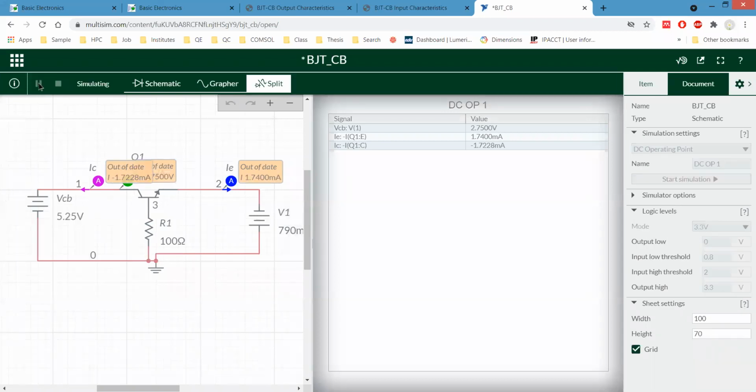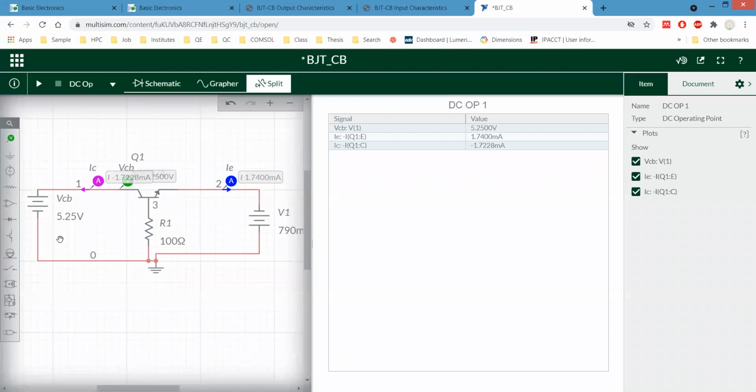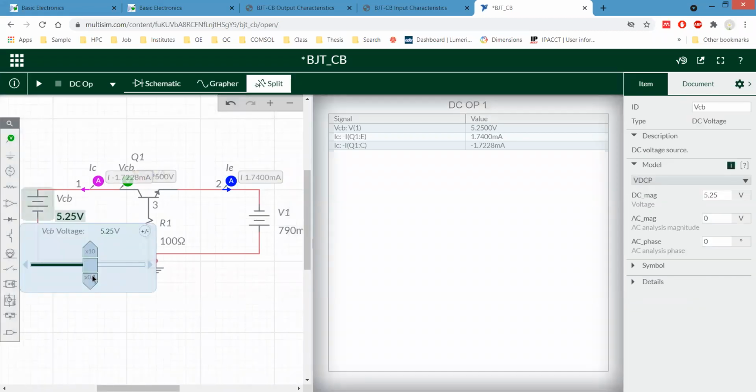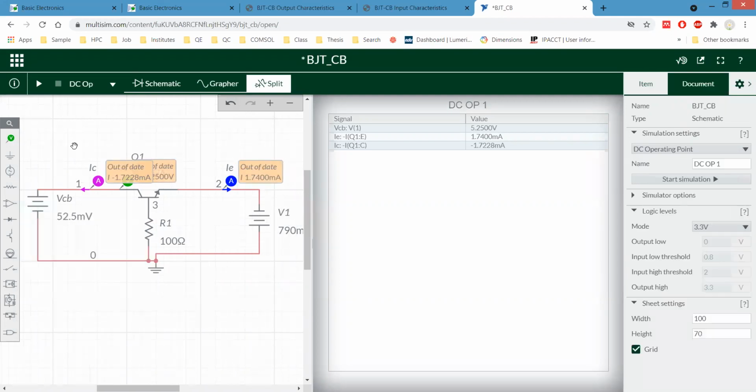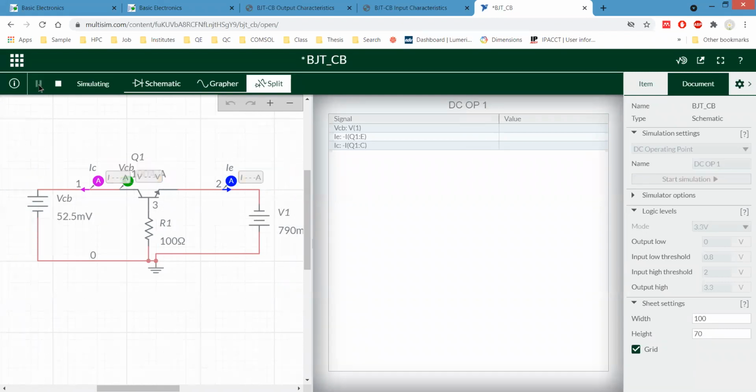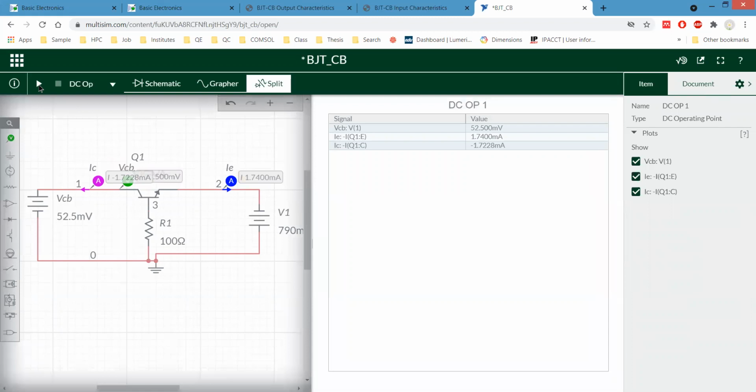But I think it is saturated. Yeah, it's saturated. So actually, we have to control these two knobs. If we have not selected a particular set of resistors, then there will be a problem. That is the main thing. IE is 1.74. That we have kept constant, right? Or is it also varying?